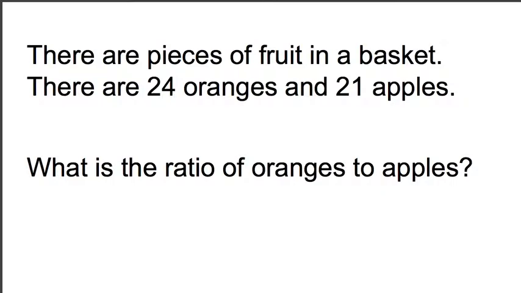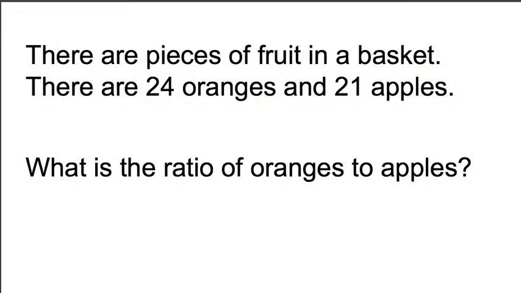So let's do some practice. There are pieces of fruit in a basket: 24 oranges and 21 apples. What is the ratio of oranges to apples? It needs to be oranges first, apples next. So what would it be?